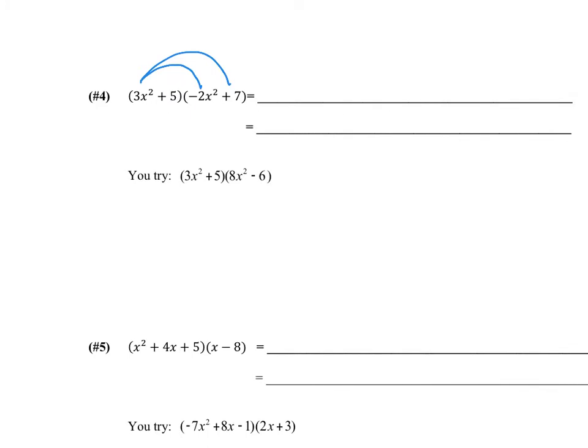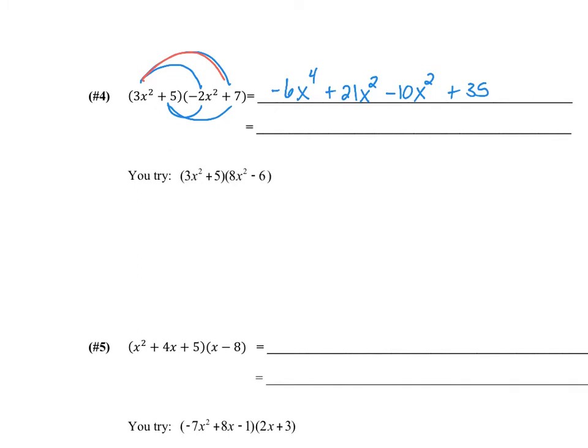So 3x squared times negative 2x squared is negative 6x to the fourth. 3x squared times 7 is positive 21x squared. 5 times negative 2 is negative 10. This would be negative 10x squared. And 5 times 7 is 35.